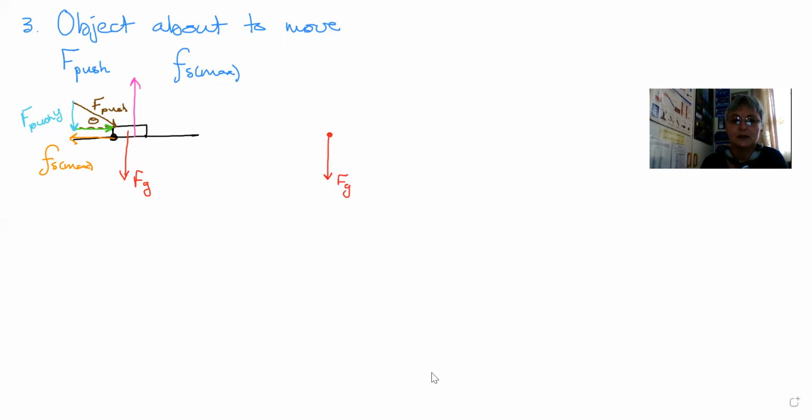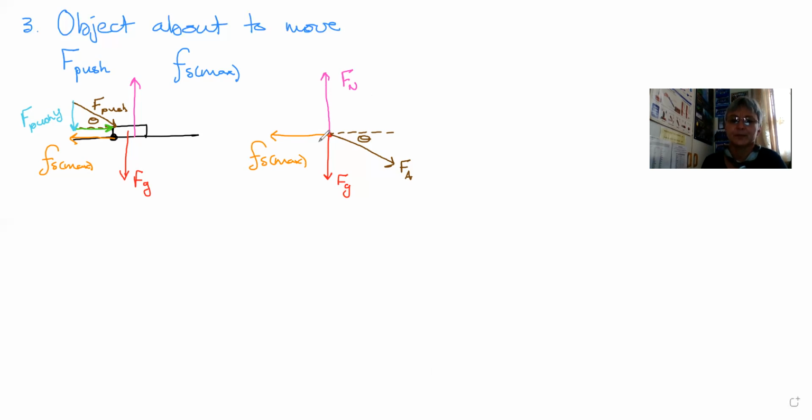We've got an applied force at an angle of theta. We've got the friction, which is maximum static friction. And we've got a normal force that will balance or cancel the gravitational force with the Y component of the pushing force.